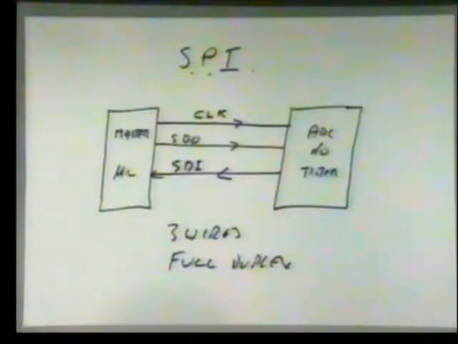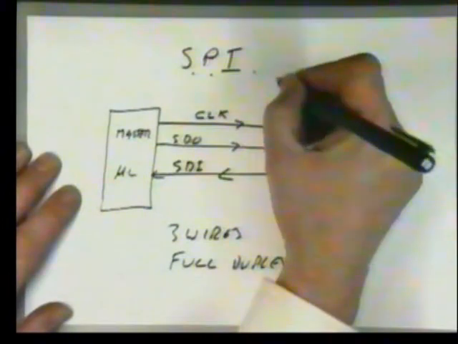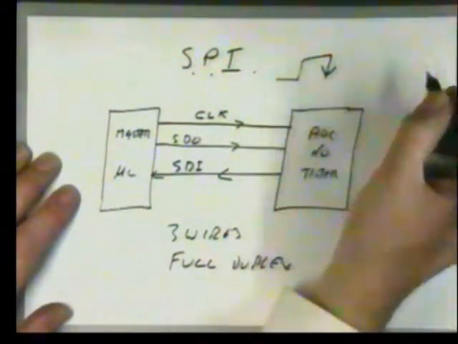So SPI, full duplex, 3 wires, a master and a slave. The master generates a clock, it clocks out data on the serial data out line, it receives data back on the serial data in line, and normally, here's the basic picture, this usually happens on the falling edge.